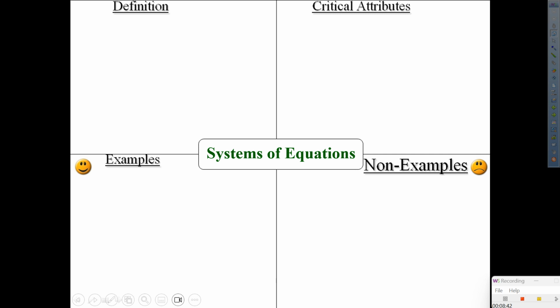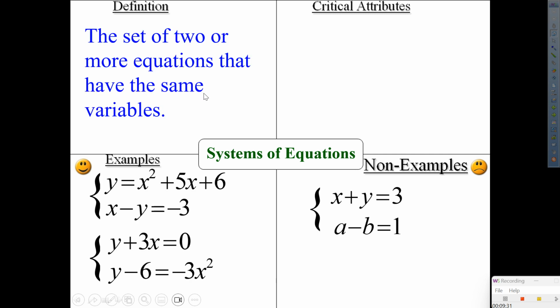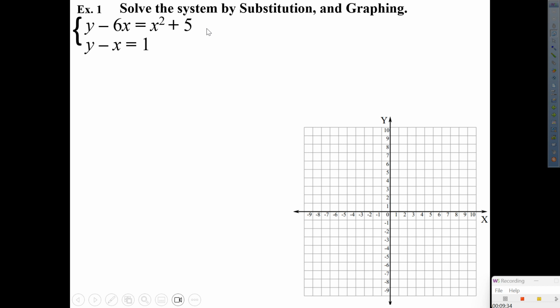Anthony D. Systems are... All right, help them out. Rylan, let's go. Systems: a set of equations with the same variables. Yeah. And the set of equations has to be 2 or more equations. We got that. We covered this one.